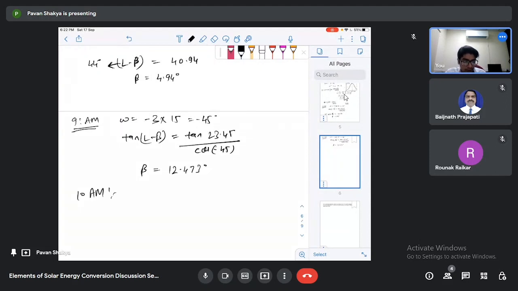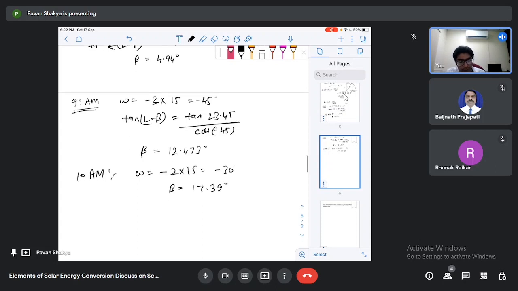Similarly you can do it for 10 a.m. You have to just change the hour angle value, that is omega, for 10 a.m. it will become minus 30 degree. When you replace it in the formula, you will find that this beta value comes out to be 17.39 degree.